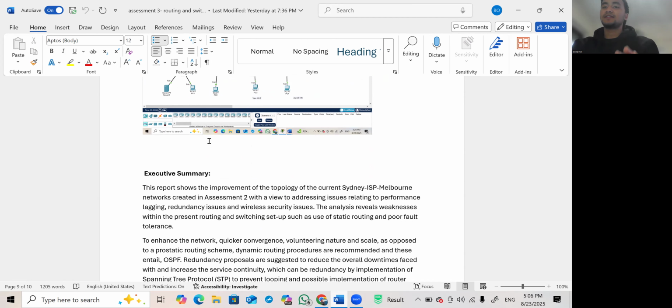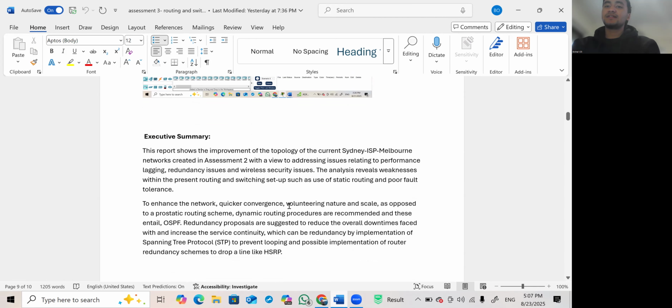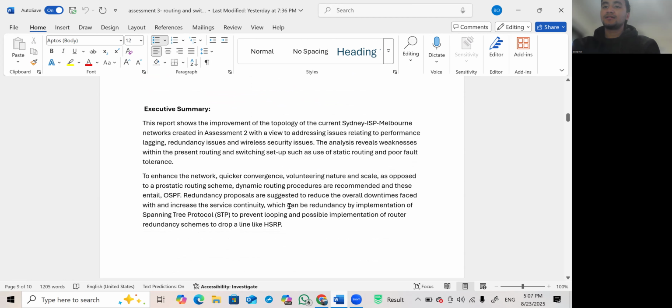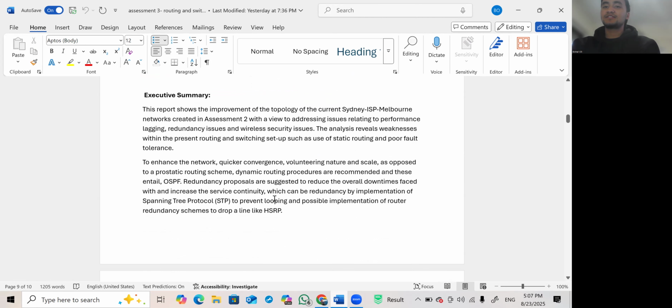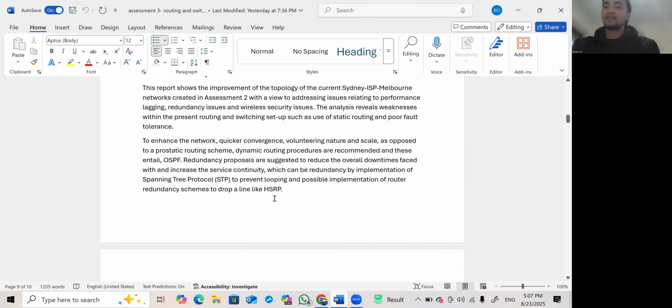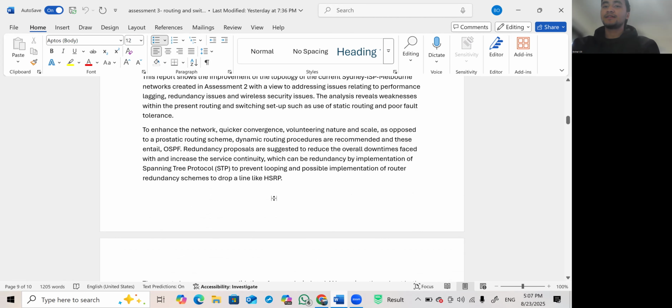This report is about the improvement of the topology of the current Sydney ISP and Melbourne network created in assessment two, to enhance the network's scale. We have done two things. First, we have introduced OSPF in the router for the redundancy, spanning tree STP and HSRP.